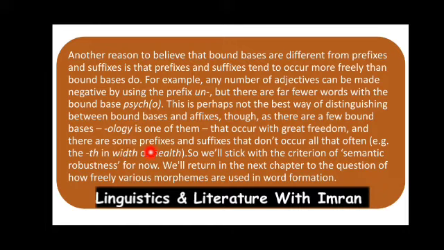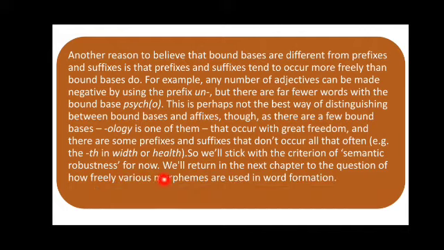And there are some prefixes and suffixes that don't occur often at all, like for example, the examples in width and health. So we will stick with the criterion of semantic robustness for now. We will return in the next chapter to the question of how freely various morphemes are used in word formation, right? So we will discuss more and more in coming lectures, right?